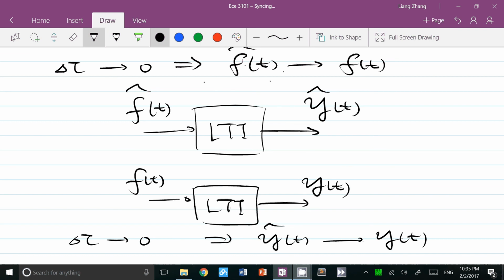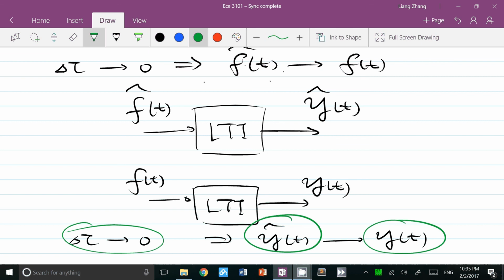In other words, if we can find a way to evaluate or approximate y hat of t, then by taking the limit as delta tau goes to 0, we may be able to calculate y of t. And remember, we didn't specify anything about the input, so this result may be extendable to any generic input.